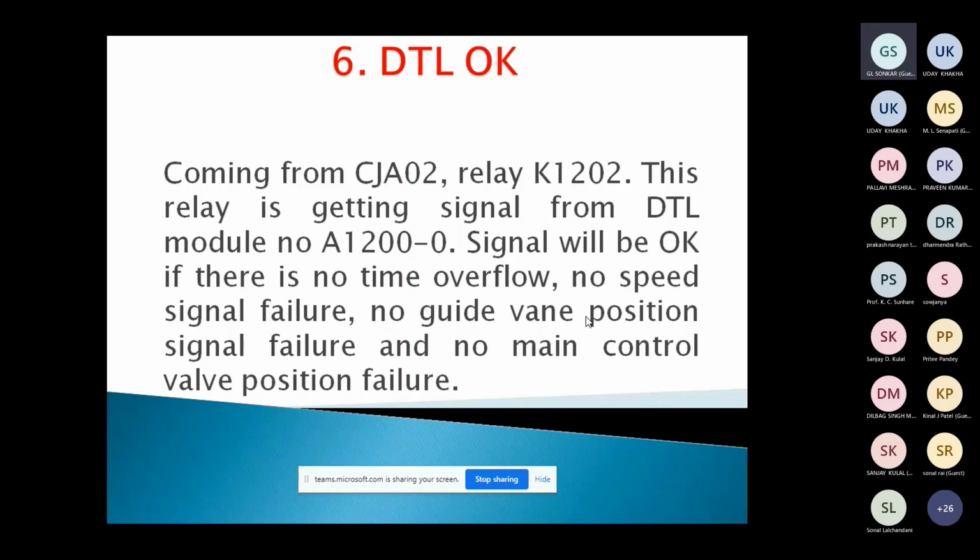If it is there, you are not getting DTL okay. Then control valve position failure means the control valve is not following the set point or command given by the operator. So if the DTL signal is not coming, the probable reason is some position failure in guide vane or control valve, or speed failure, or a time overflow, it is taking more time.